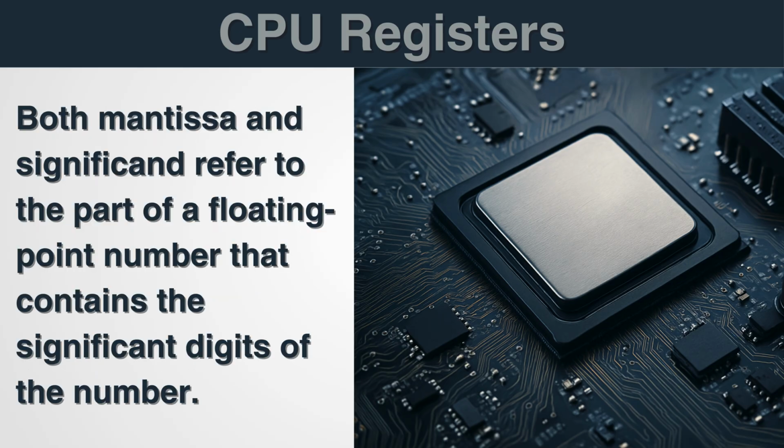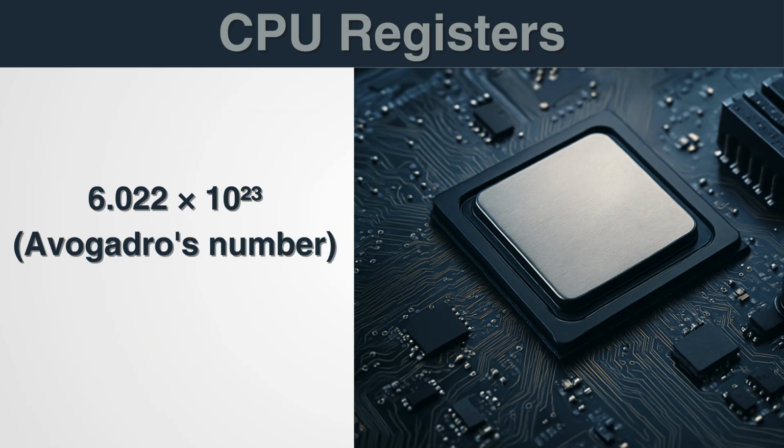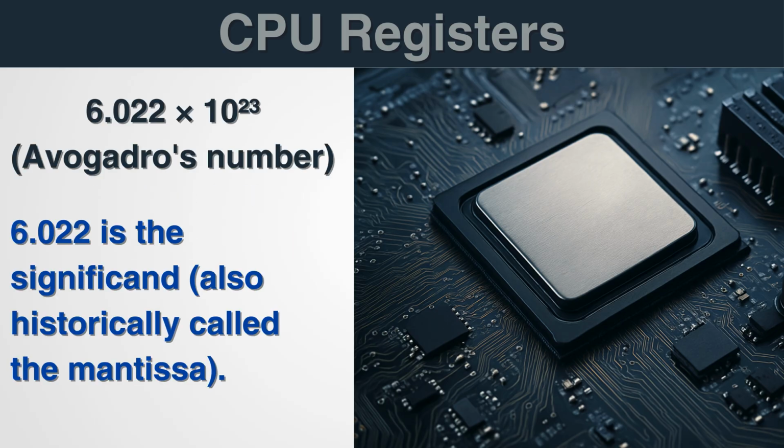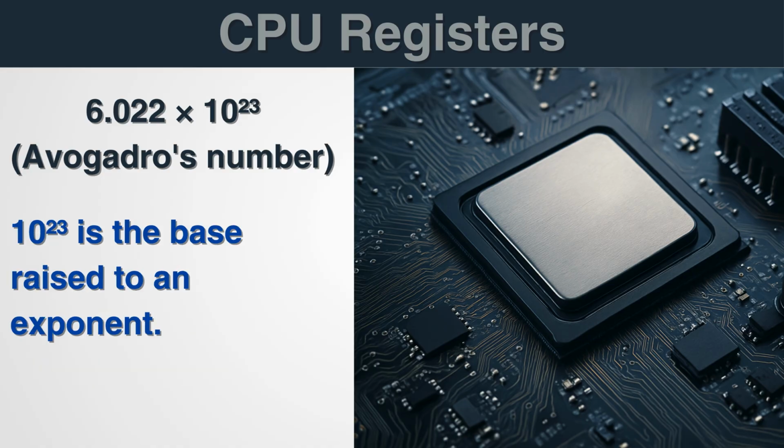Both mantissa and significand refer to the part of a floating point number that contains the significant digits of the number. For example, if we write the number 6.022 times 10 to the 23rd power, Avogadro's number, that fundamental constant in chemistry and physics, that 6.022 is the significand, also historically called the mantissa, and the 10 to the 23rd power is the base raised to an exponent.